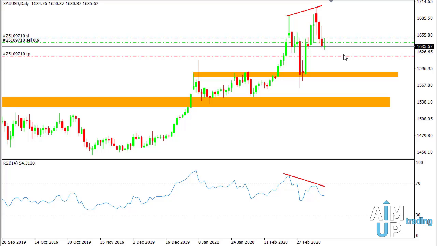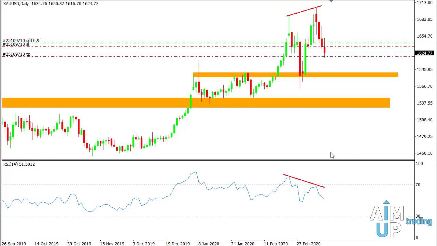And here it is. There is something really interesting. As you can see, the price already hit our take profit. The price moved down, and it seems that the price reached our take profit, but it didn't close our position.